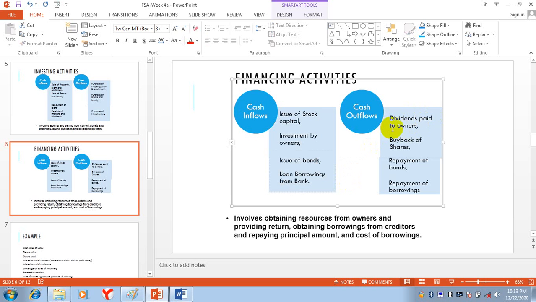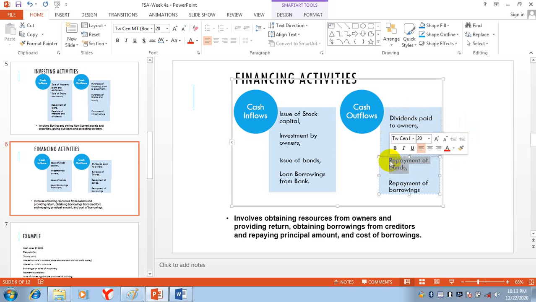Dividend paid to owners, when they will pay dividend to owners, there will be cash outflow. Buyback of shares, there are some type of shares that company can buy back. So the purchase of these shares by company, when they will purchase, they will make payment to the shareholders, so cash will go out.